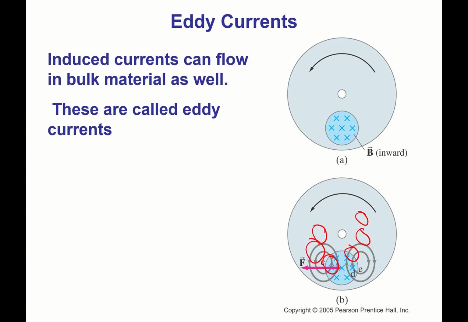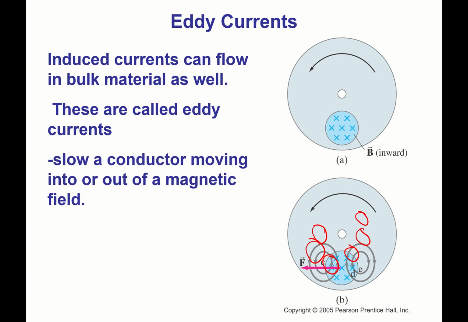We call those eddy currents because they're like eddies or whirlpools in the current of a river. Those can turn mechanical energy into heat. And if you drop a conductor into a magnetic field, it's going to slow down because it's going to turn the kinetic energy into heat energy.